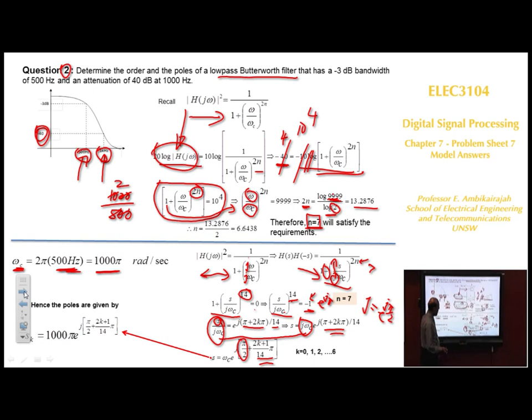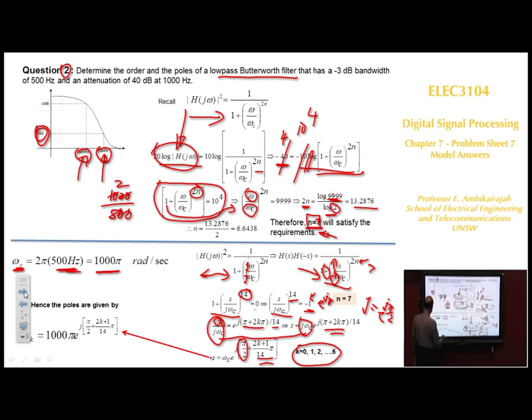So what does that mean? We need to have altogether 7 values, n equals 7. We have already used 7, so for a 7th order filter, k equals 0, 1, 2, 3, 4, 5, up to 6. So you substitute values for k.